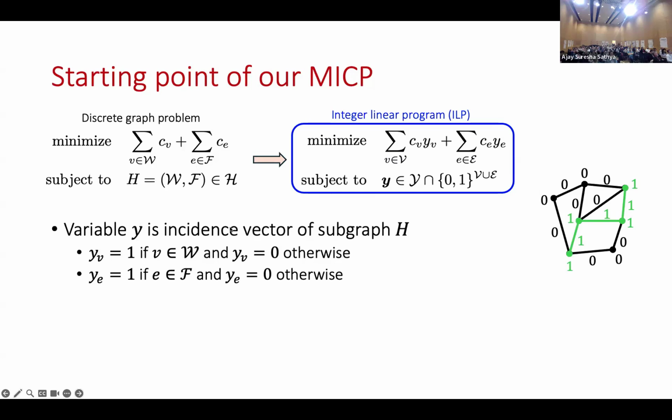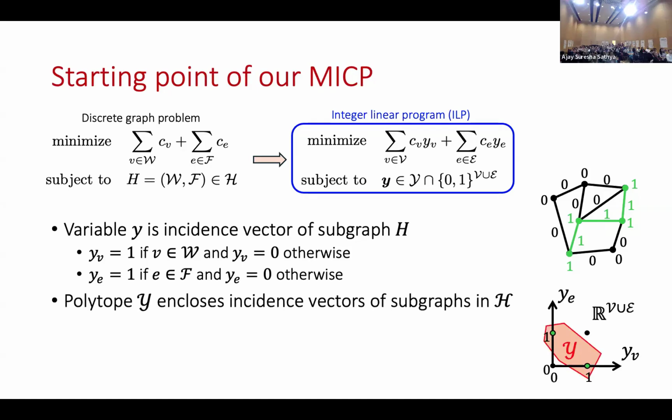In particular, the variables in these optimization problems, y, are going to be the incidence vector of the subgraph we select. So this vector y has one entry for every vertex in the graph and for every edge in the graph. And the role of these binary variables is to take unit value if and only if the corresponding vertex or edge is selected in the subgraph. Then we need to enforce some constraints on the possible values that these incidence vectors can take.